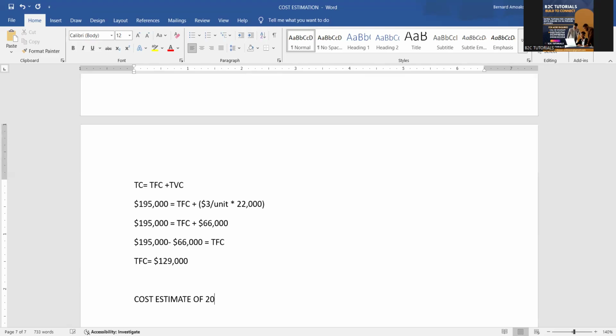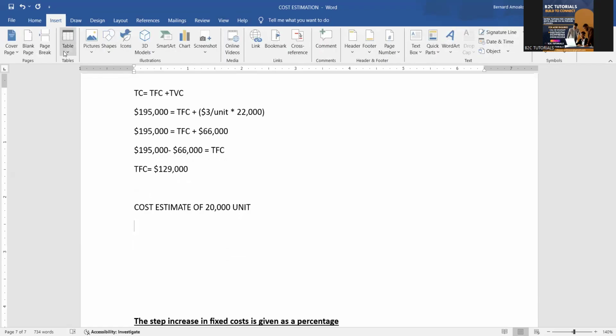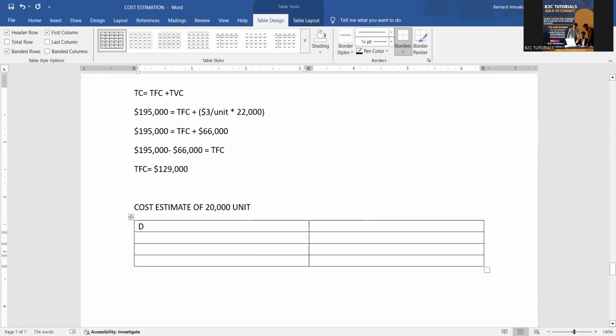So cost estimate of 20,000 units. We start with fixed costs. So let me insert another table again. This time around, I am not drawing because the drawing was taking much of my time. Okay. So we have details and we have amounts.